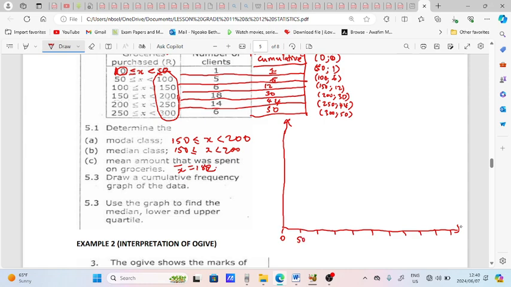Remember these are the x's again. In fact, let's put the scale first. From 0 to 50, then 100, 150, 200, 250, 300. Like that. Maybe between 25 millimeter or 30, it's up to you.